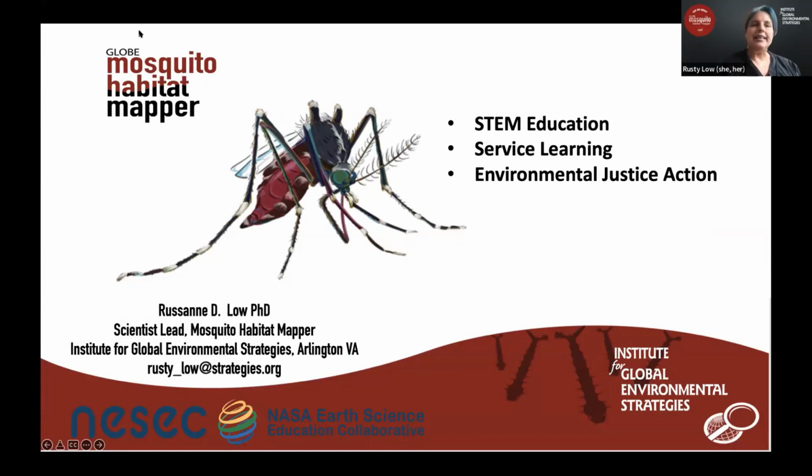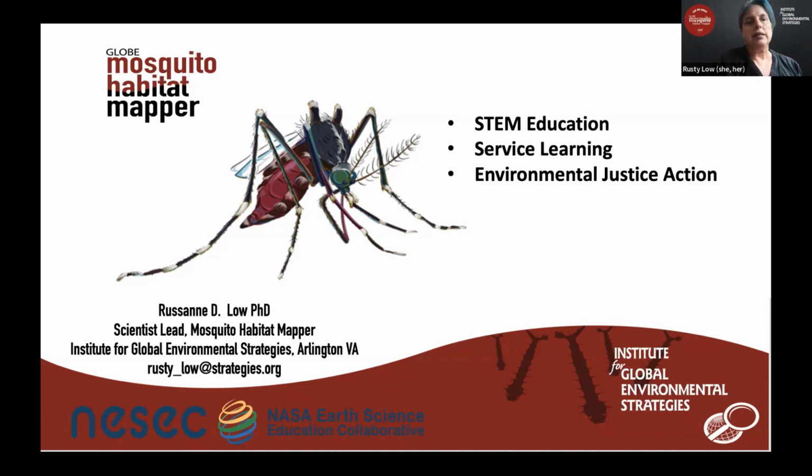Great. I'll try not to take very much time because I know everybody's about ready for dinner or putting kids to bed or something. But, just like Angie said, what's really exciting about the Mosquito Habitat Mapper and why it has become so popular with teachers is that, just by using the app, you can make a difference in disease in your own community just by eliminating sites.